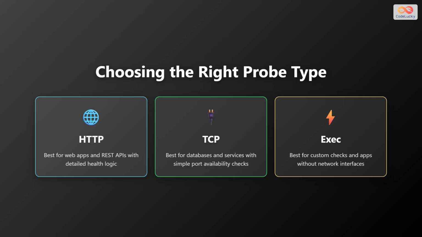Finally, opt for exec probes when you need custom health checks or when your application lacks network interfaces entirely. Remember, the goal is to match the probe mechanism to your application's specific characteristics. A well-chosen probe type ensures reliable health monitoring without unnecessary complexity or resource consumption.